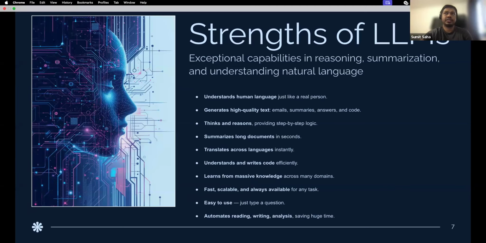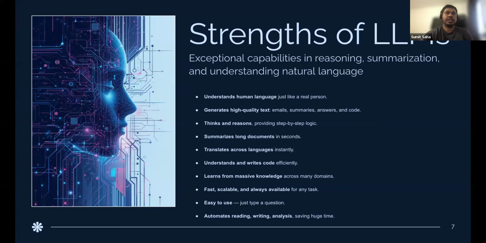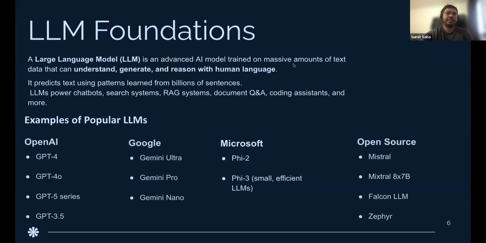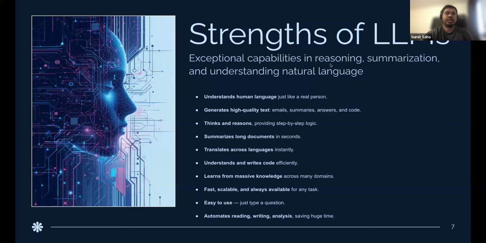If we want to understand the extent of LLMs, they have extreme capacity in reasoning, summarizing, and understanding natural language. It can understand human language very easily and generate high quality text, like our daily emails or any answer.